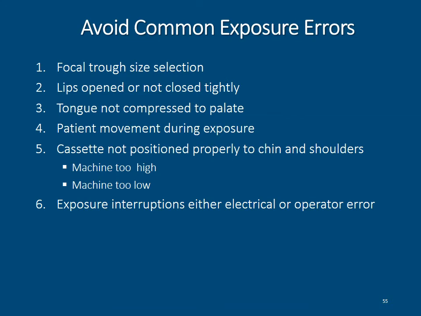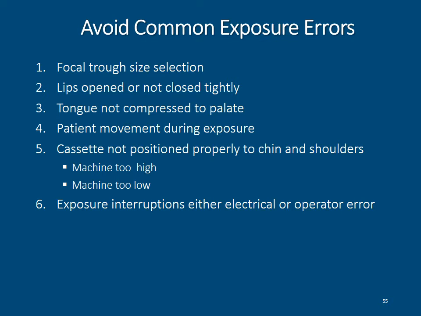I'd like to review some of the common exposure errors. One would be the focal trough size selection. This refers to the patient size you have and making sure that you use the proper size to determine the focal trough for that patient in relation to their jaw. Lips are left open and not closely placed on the bite block. The tongue is not compressed to the palate.